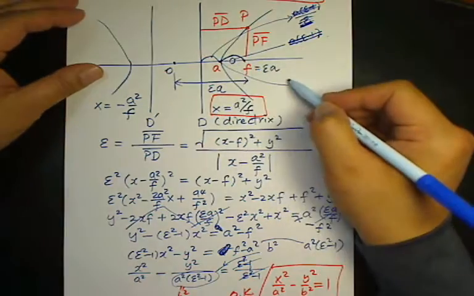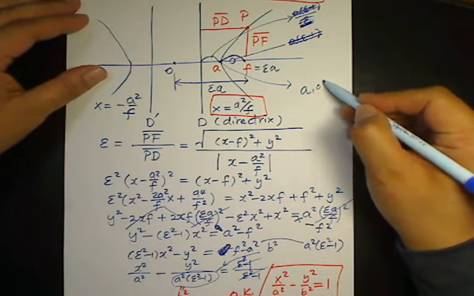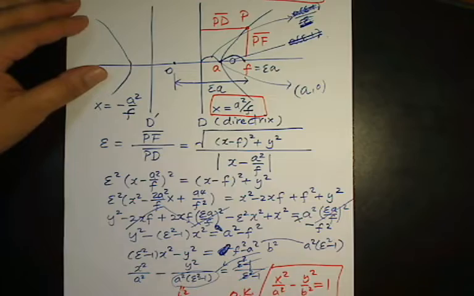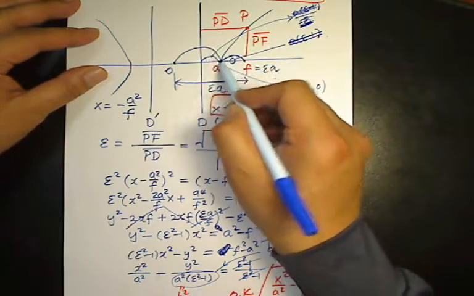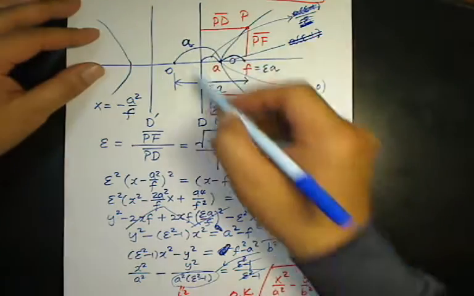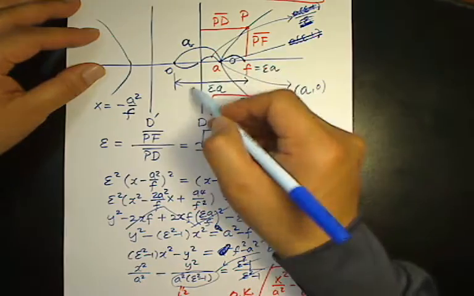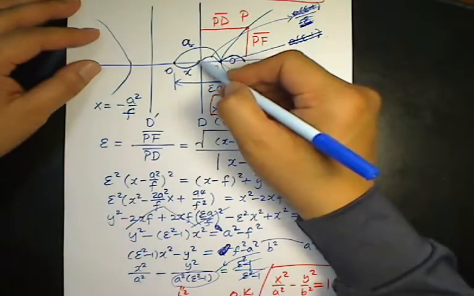And this position is a, because if we substitute x equals a into this expression, that satisfies it. So this distance is a, and this is unknown, x.